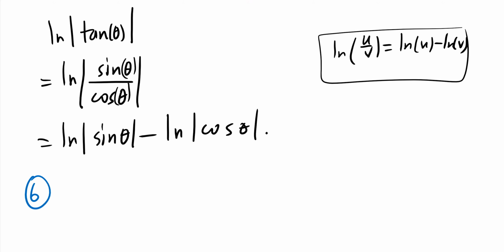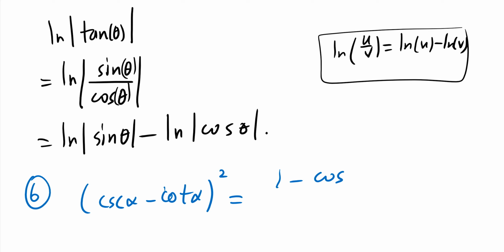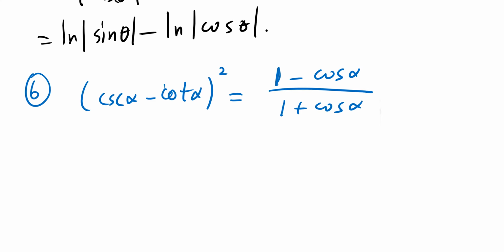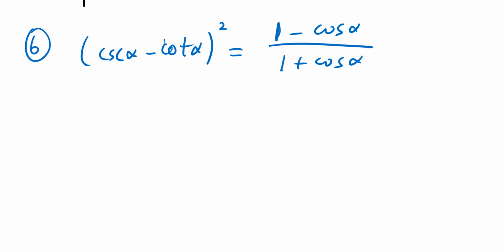Another example: cosecant alpha minus cotan alpha, squared, equals 1 minus cosine alpha over 1 plus cosine alpha. Let's start with the left-hand side. So cosecant alpha minus cotan alpha all squared. How do we do this? Look at the answer on the right side. It's only cosine.